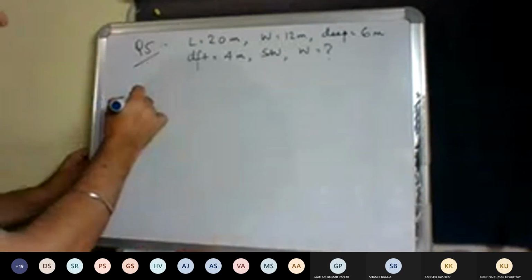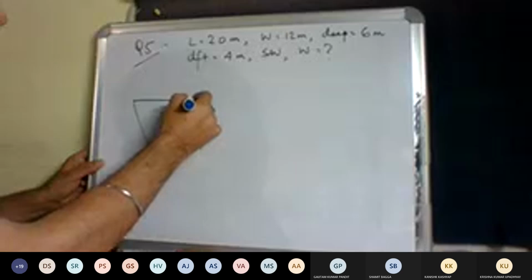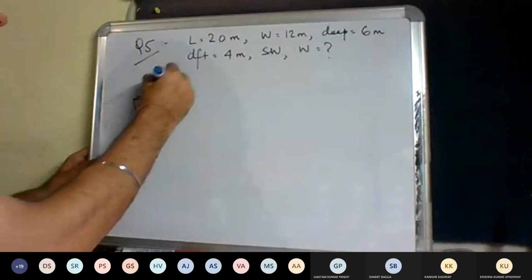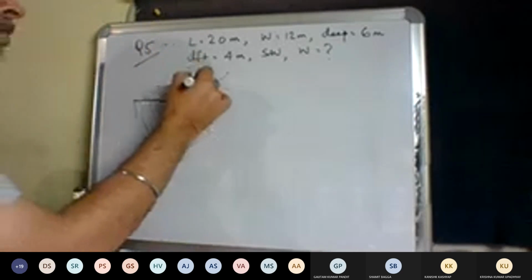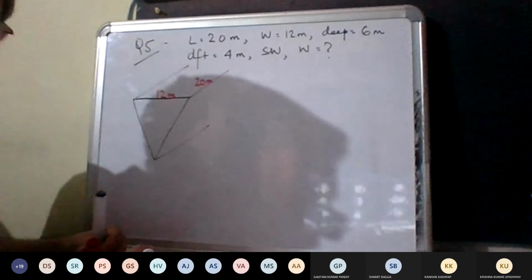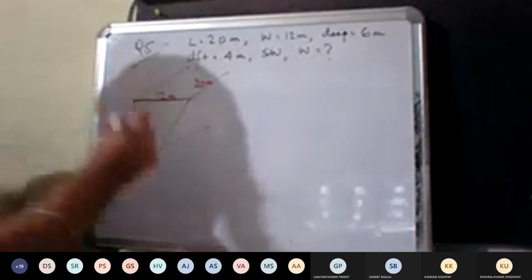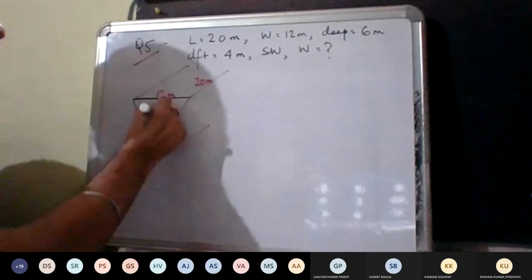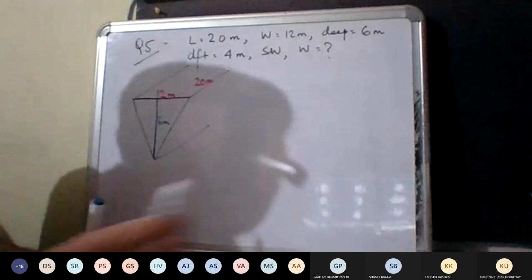All right. So barge of triangular cross section. So this is our barge. This is the triangle, so basically this is a prism. This is our barge. It is 20 meters long. Its width is 12 meters. And its depth is 6 meters.